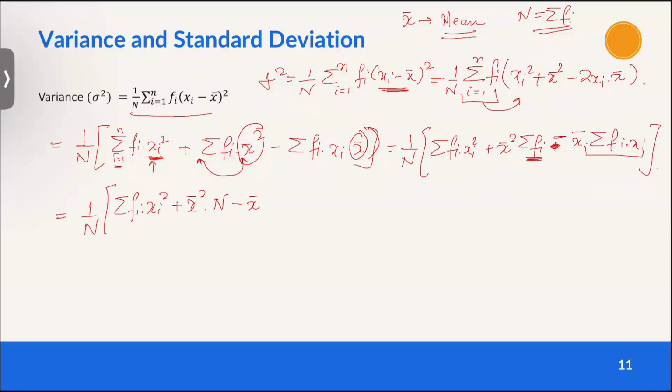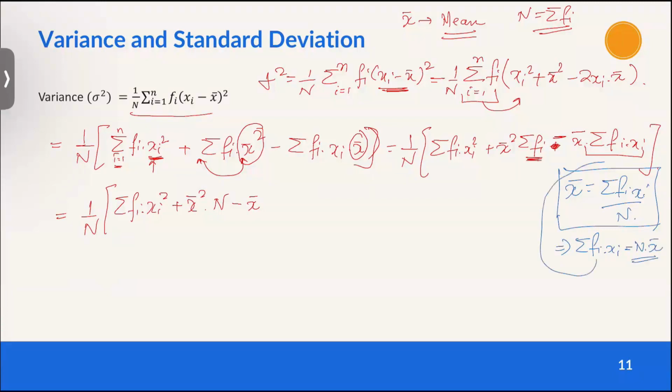How can you write? Let me change the color for more clarity. You know, x bar is equal to summation of fi times xi by n, right? This is the calculation of the mean. So you can get summation of fi times xi as n times x bar, right? So we'll plug this value here. We will get n times x bar, right?